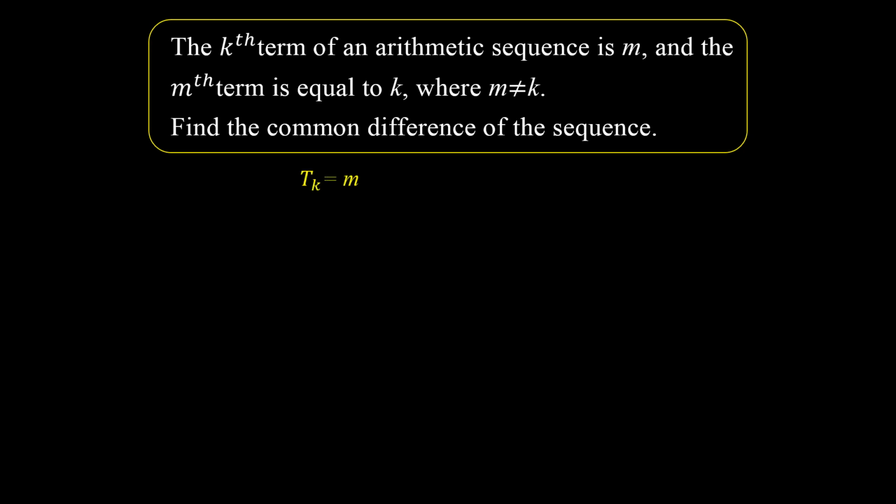How do we write? Tk is equal to m. Using the formula, we get a plus k minus 1 d equal to m. From there, we make a the subject. We write a equal to m minus of k minus 1 d.